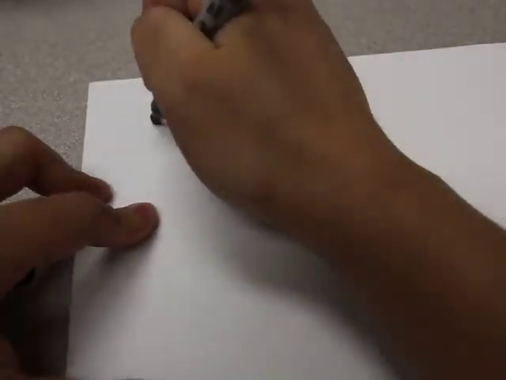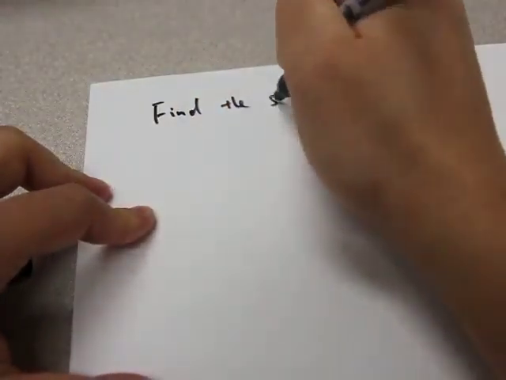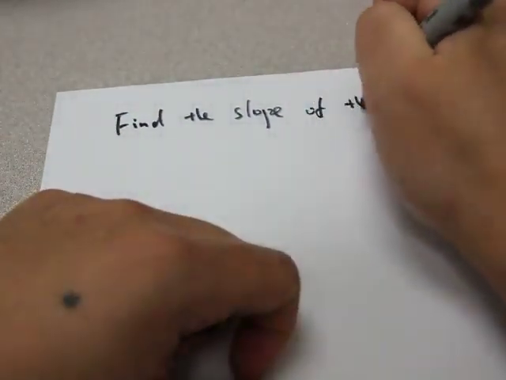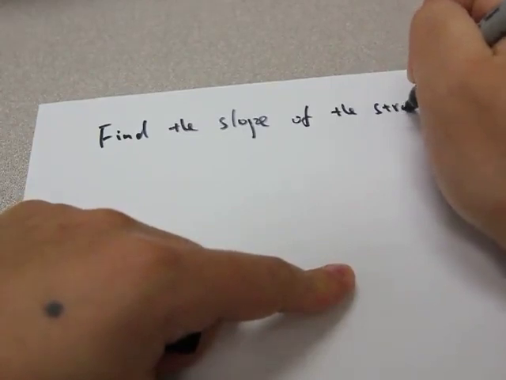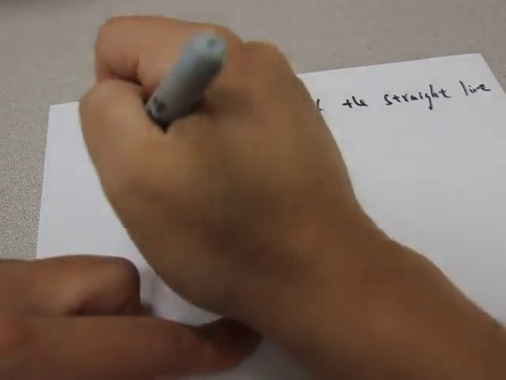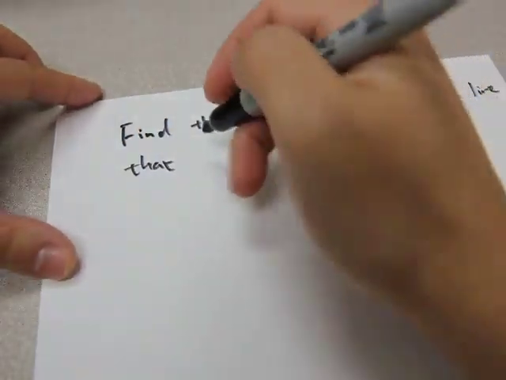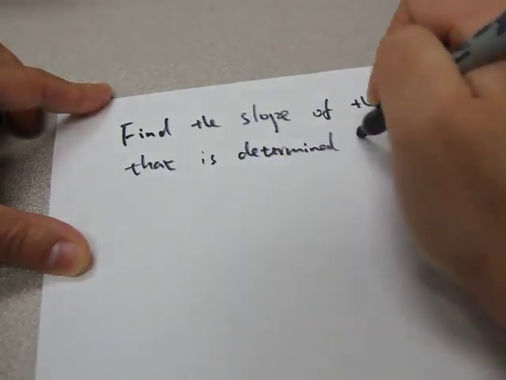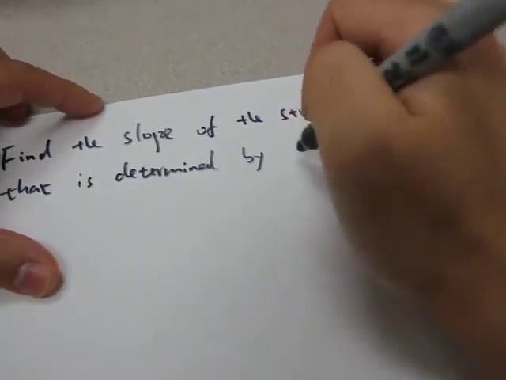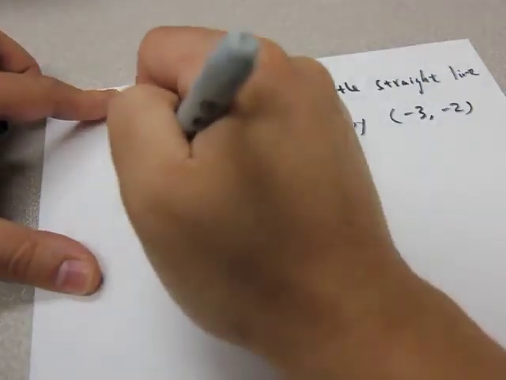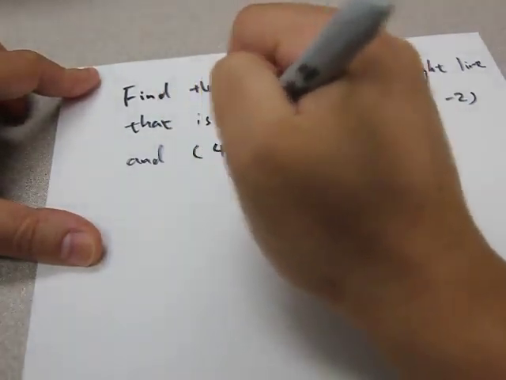Let me do another example. Find the slope of the straight line that is determined by the points -3, -2 and 4, 5.